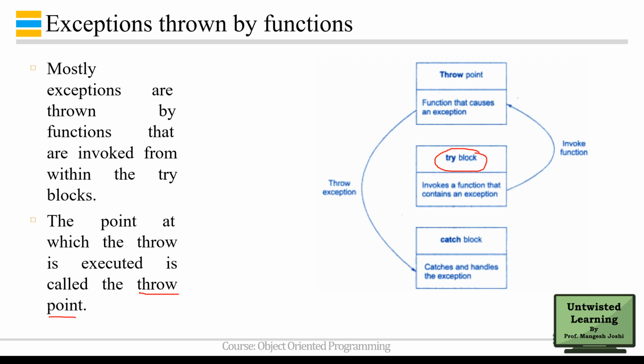It invokes a function that contains an exception, so this will go to your throw point. It will throw the exception from the function that causes the exception, and it will go to the corresponding catch block depending on the type.